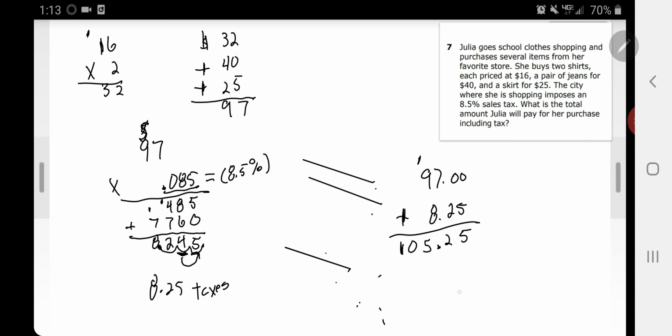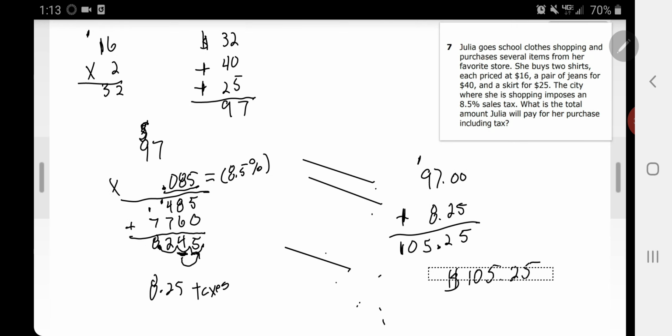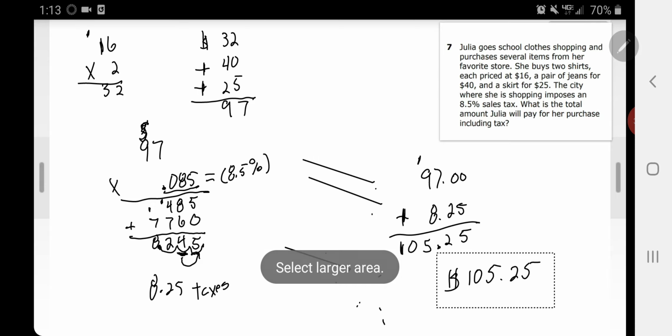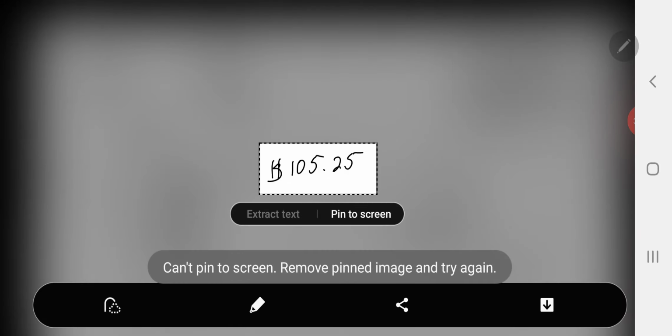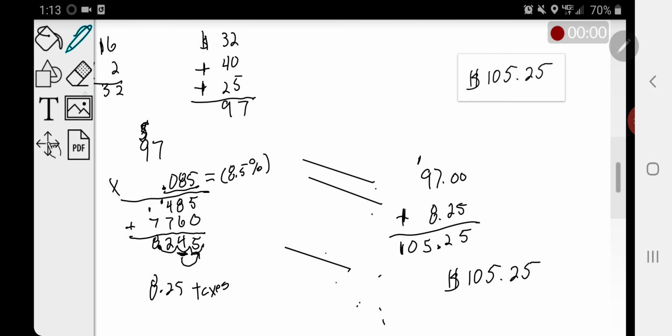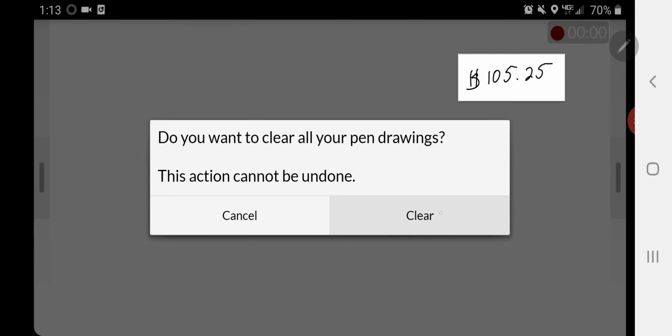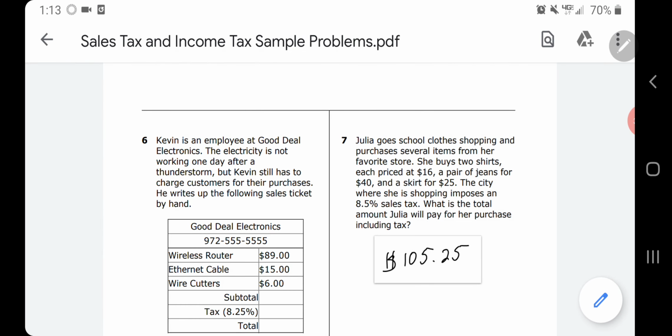So it looks like she'll be paying $105.25. Boom. There is our answer.